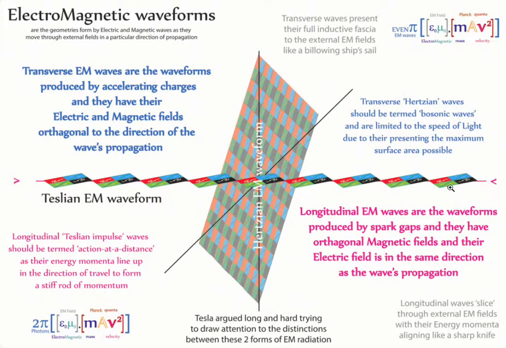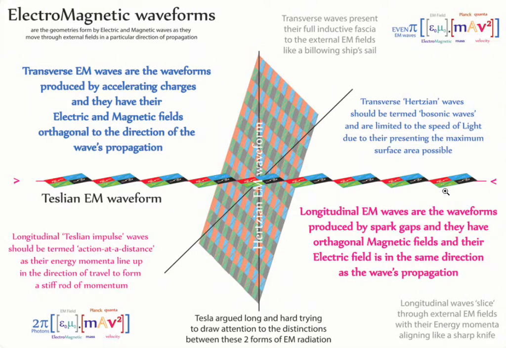The M field is still orthogonal to the E field, and it still follows the same mathematics as the transverse field, but the energy momenta in the case of Tesla waves or longitudinal waves is in line with the direction of propagation.